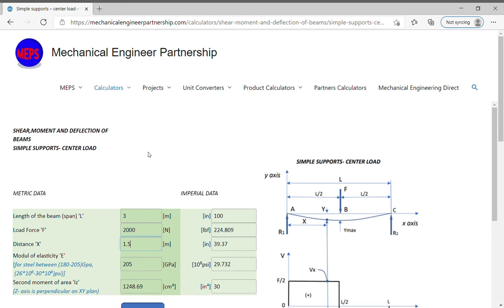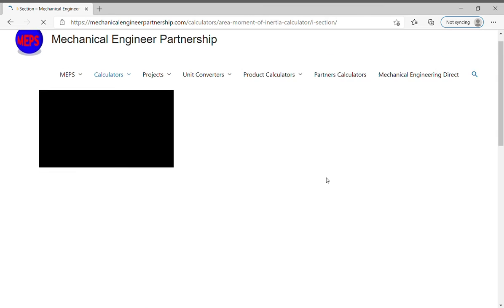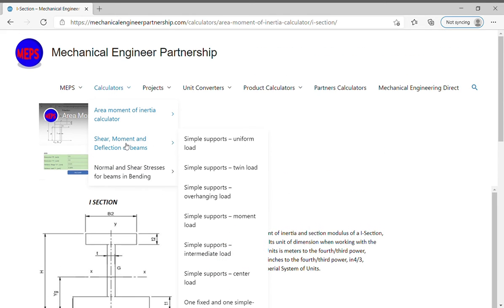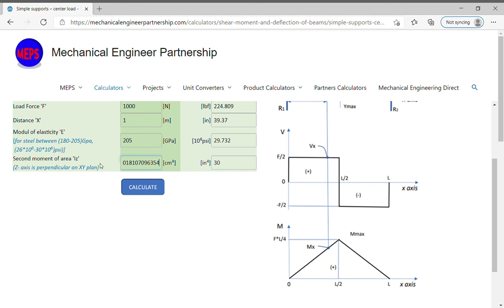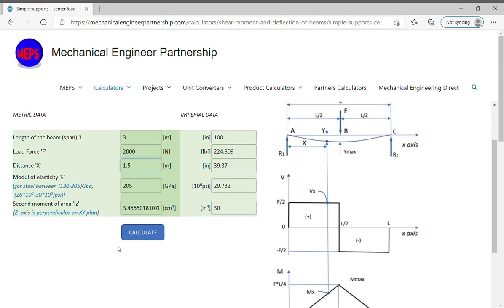If not, choose calculators and then area moment of inertia, choose your beam section, for example an I section, choose area moment of inertia about x-axis, in this specific case, copy the value and return to the simple supports center load, shear moment, and deflection of beam calculator, paste the value of area moment of inertia in the second moment of area cell, replace the length L, 3 meters, 2000 newtons for F force, and then 1.5 meters for X distance, modulus of elasticity 205 gigapascal, and then calculate.